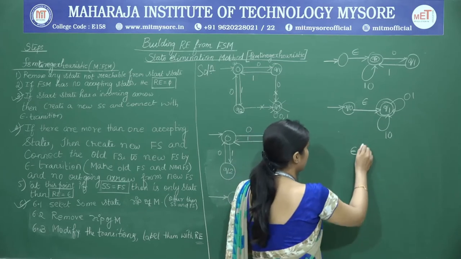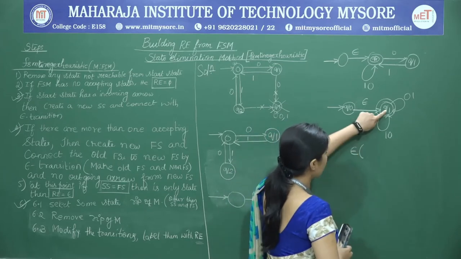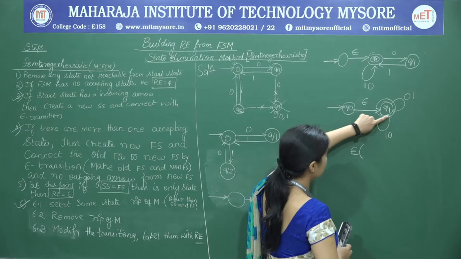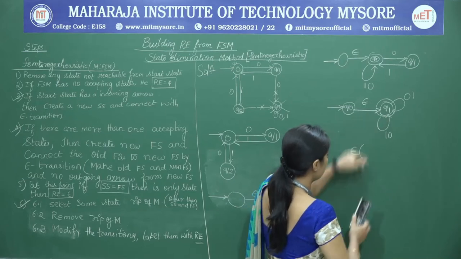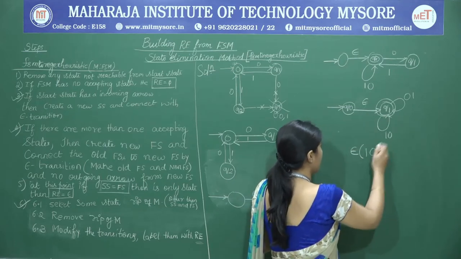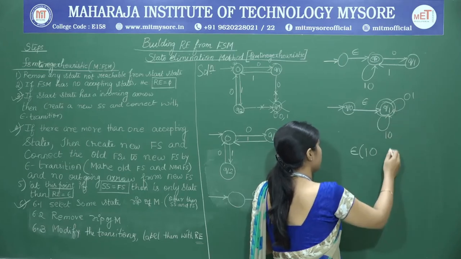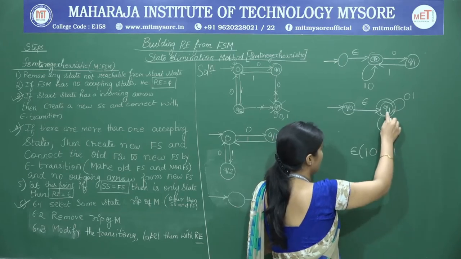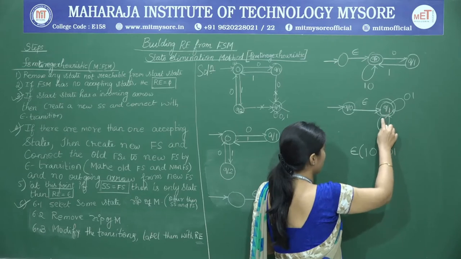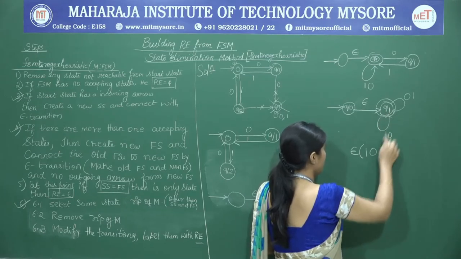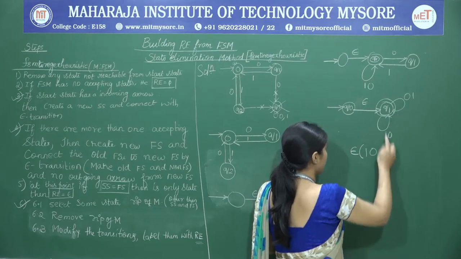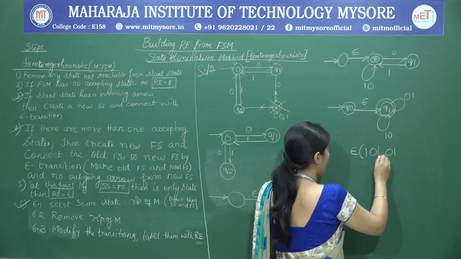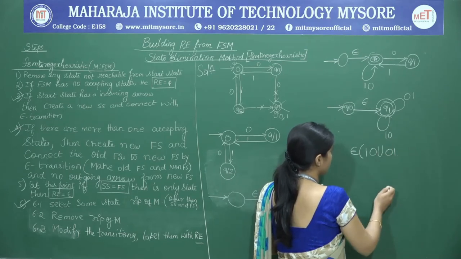Then from Q1 the first transition is 1, 0 and the second transition is 0, 1. So from Q1 to Q1 you have two transitions. The first transition is 1, 0. The second transition is 0, 1. That means from Q1 to Q1 you can either go on 1, 0 or on 0, 1.